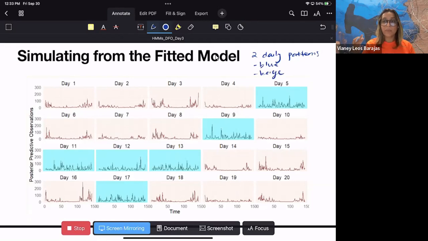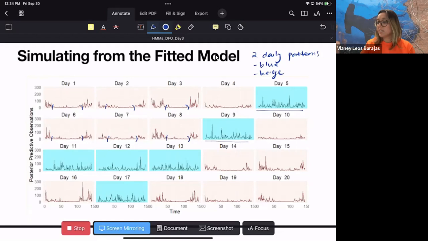So when I simulate from this fitted hierarchical hidden Markov model, I notice that the beige corresponds to days where there's very little activity in the middle of the day. And I can see this. Whereas on the blue days, there's much more activity.